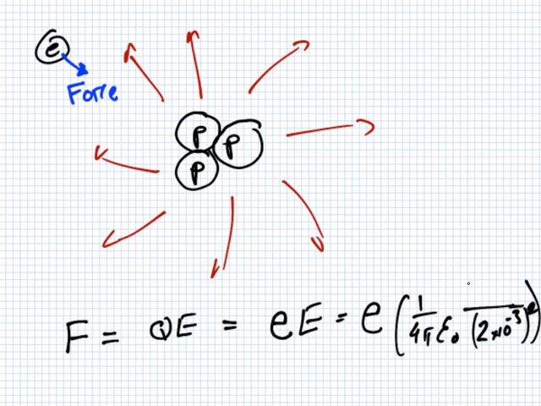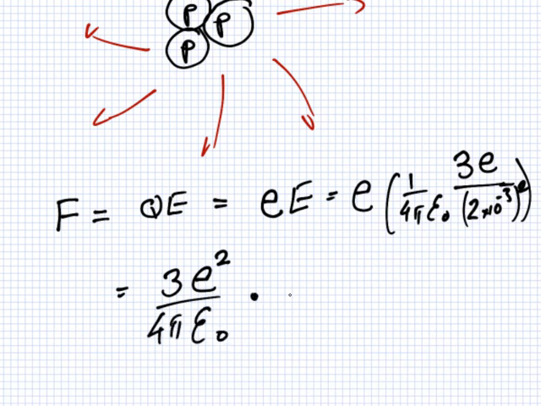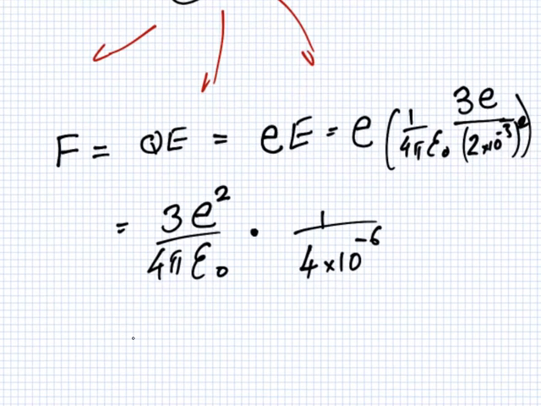And on the top, I need 3e, 3p. So this will equal 3e squared over 4 pi epsilon 0 times 1 over 4 times 10 to the minus 6. Or if you want, that's 3e squared over 16 pi epsilon 0 times 10 to the 6.